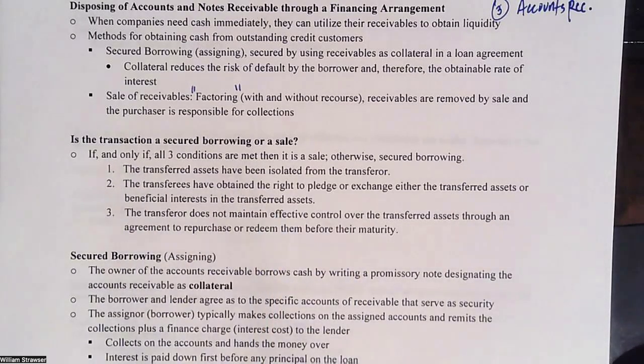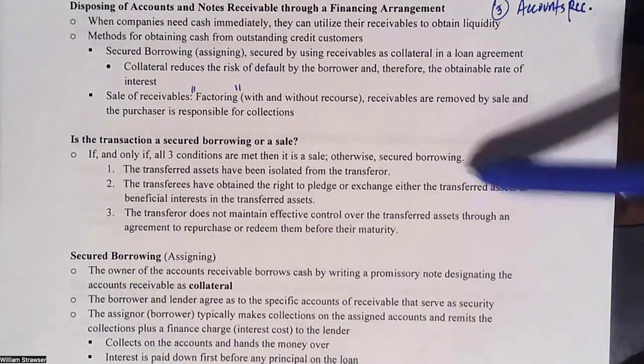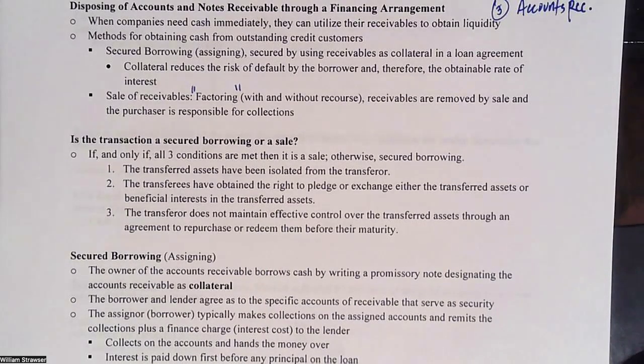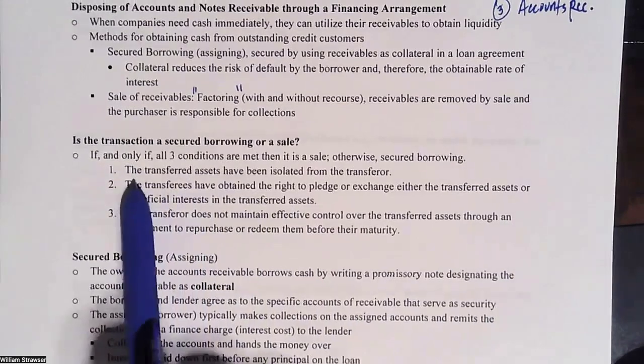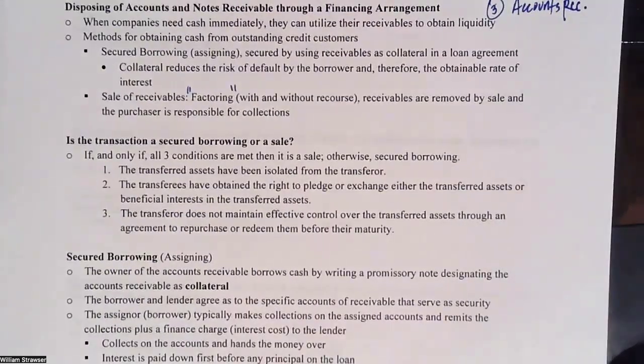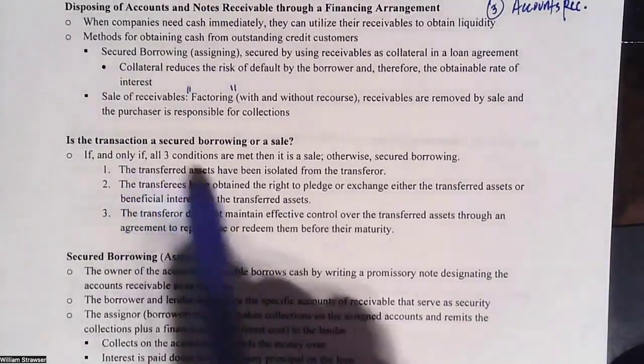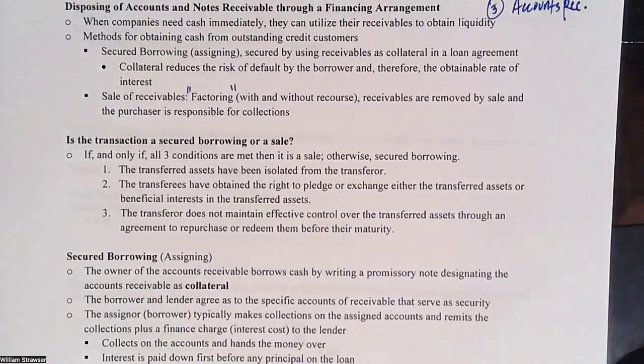So if and only if all three of these pieces are met, can we call this a sale? Otherwise, it's just a secured borrowing. So when we transfer, this is language from the codification. The transferred assets have been isolated from the transferor. So it has fun legal-ish contractual language.